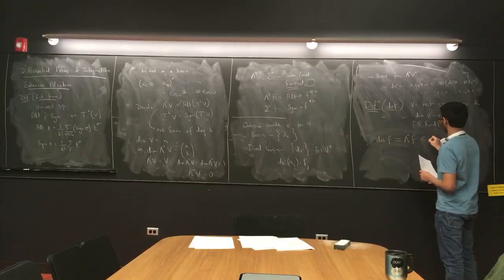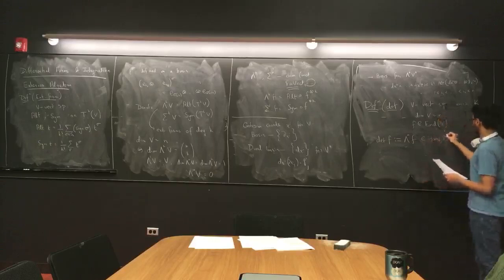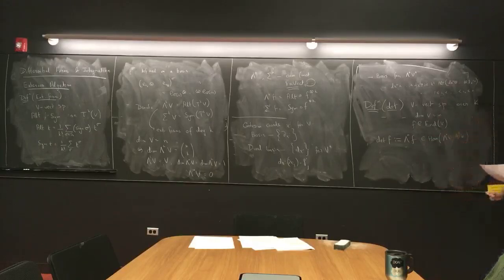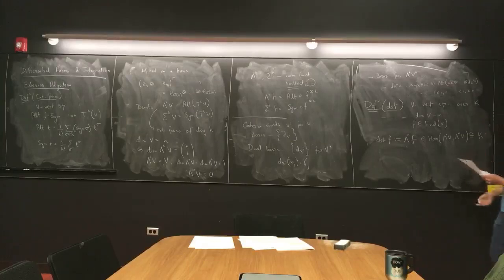But in particular, this is an element of homomorphisms from lambda n V into lambda n V, which is identical to the field K. So it is a well-defined scalar. The homomorphisms from a one-dimensional space into itself are naturally isomorphic to the field.